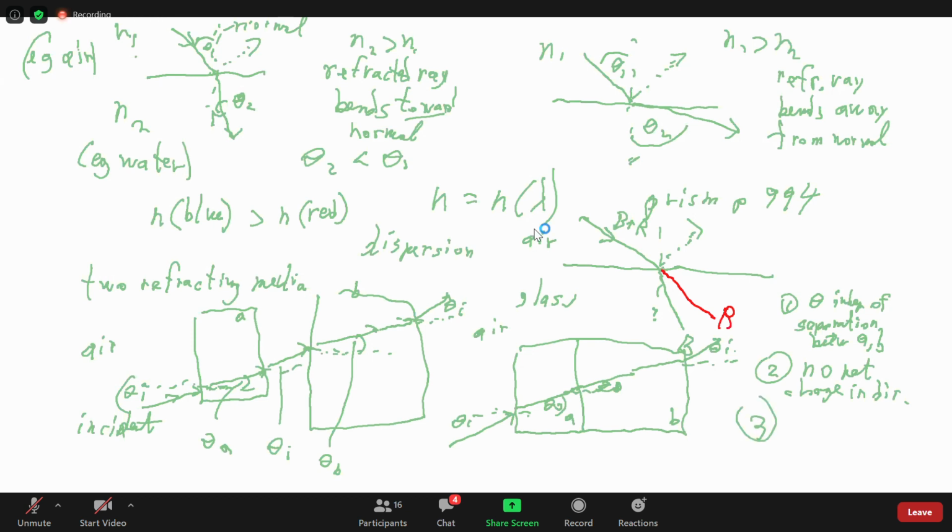The third one, which is not obvious, is this: suppose I turned it around. You could actually do it, we won't do it, but we do it in our heads. Suppose I shine the light the other way around, from right to left instead of left to right. You would find this operation to be entirely reversible. You get the same angles.